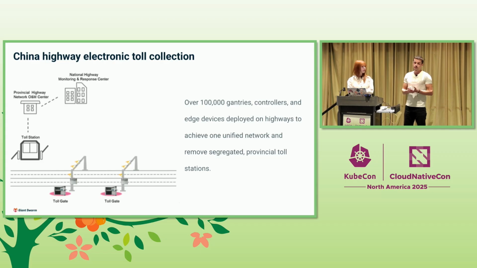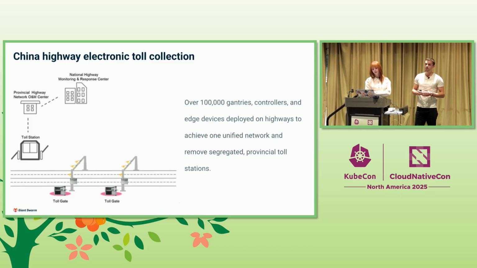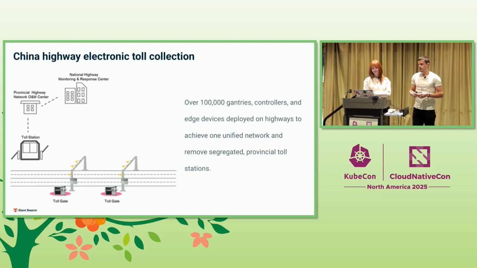That system is built on 100,000 edge nodes, so quite a scale. 500,000 edge applications running on these. And just to put it into perspective, it generates around 300 million data points every day. It is said to have improved traffic efficiency at toll stations 10 times, and by about 2 seconds, they mentioned, for each driver.